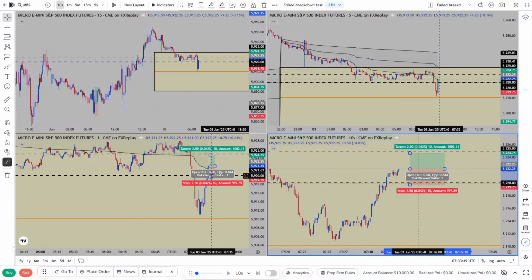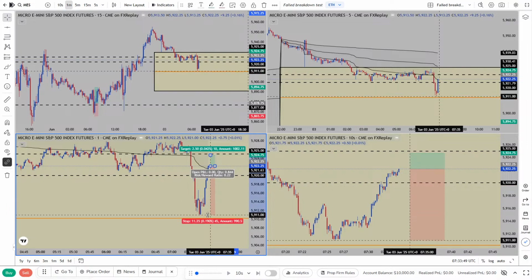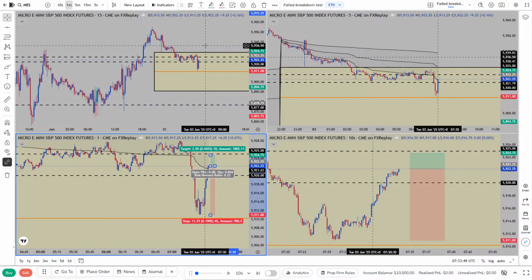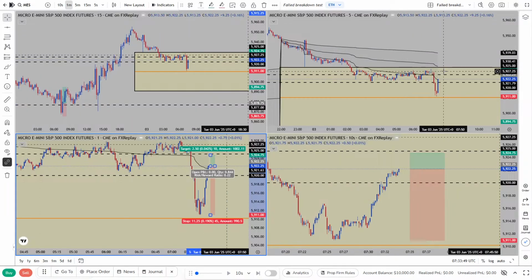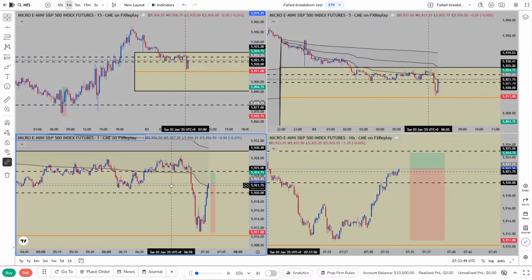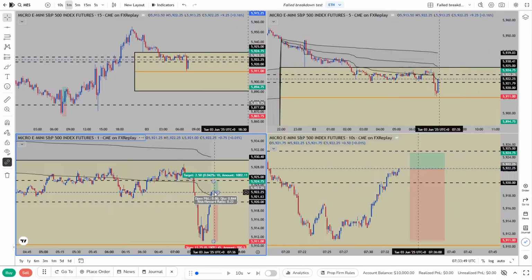In theory, I have to place my stop loss right about here, but it doesn't make any sense, because if that was the case, then I should have placed my take profit at about 59.48.